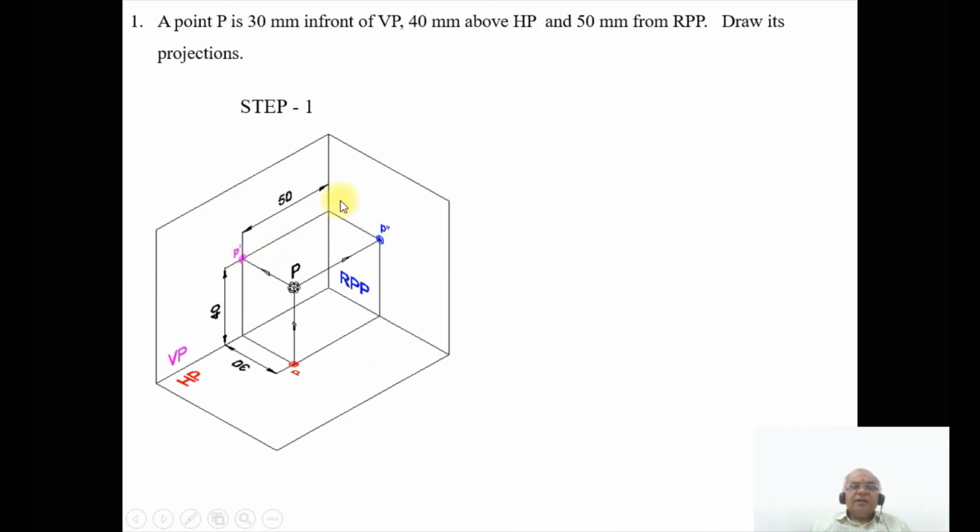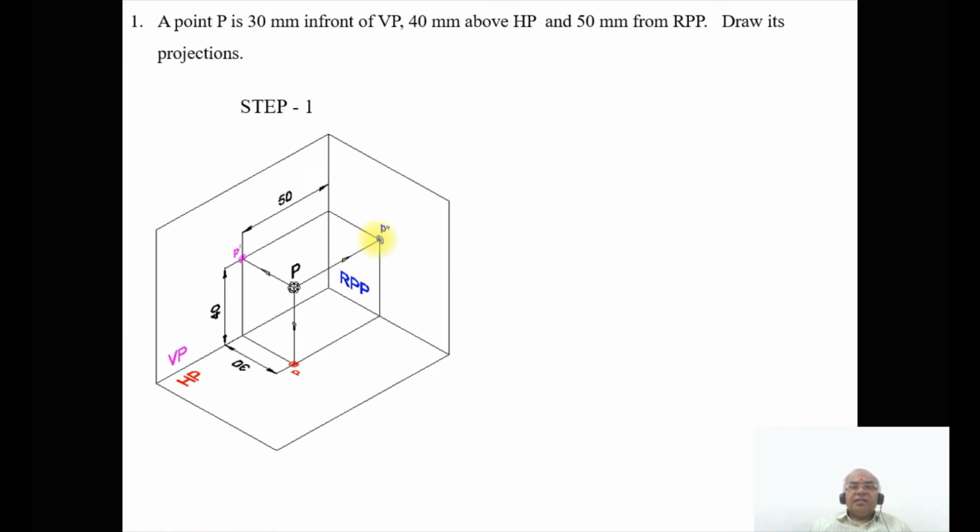So in other words, the distance from the RPP I can see in the vertical plane, that is here, and also in the horizontal plane here. So I can see the distances both in VP and also in the horizontal plane. When you look from the left side view, the image will fall on the right profile plane.